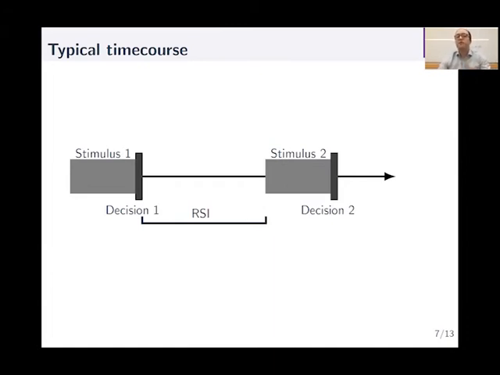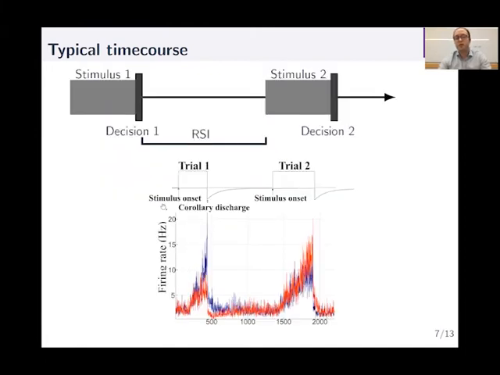So if you are able to introduce a relaxation, and that's what we did, then you are going to obtain the following kind of dynamics during the whole time course of the decision-making task. So first, you present a first stimulus. Then you have a competition between the two populations.